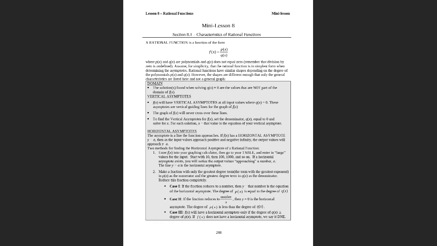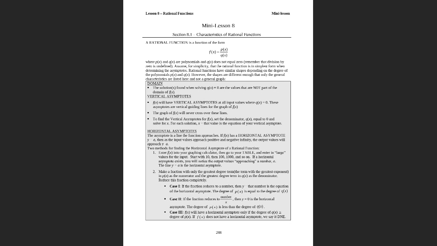Now, if you solve that, whatever you get for your solution of x becomes your vertical asymptote. So solve q of x equals 0, and whatever you get is your vertical asymptote. It could be x equals -3, x equals +2, or whatever it is.